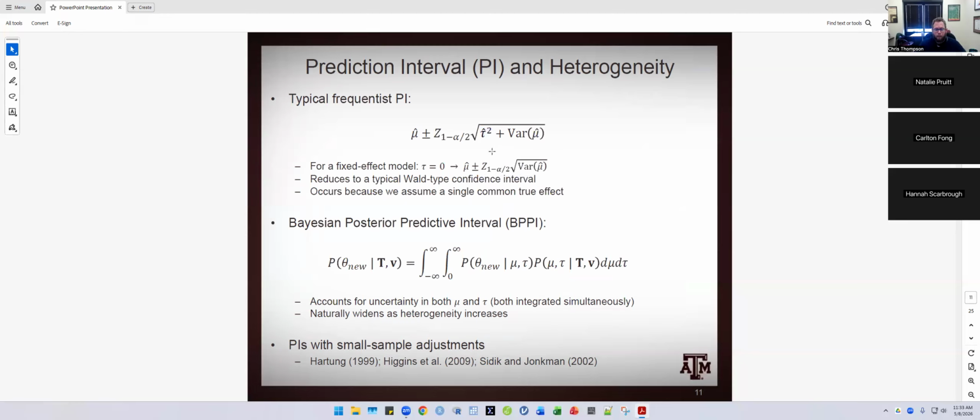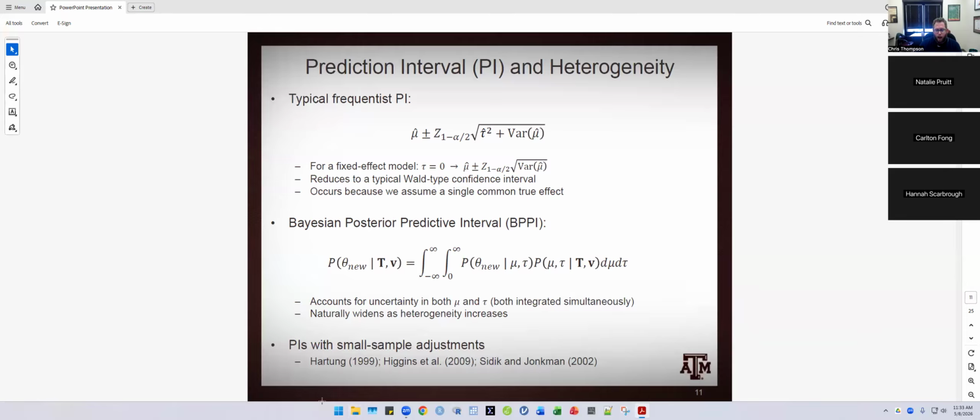And in fact, if this were a fixed effect model, this component would be fixed to 0, and the result then is this, which is just a multi-type confidence interval. And this occurs because in the fixed effect case, we're assuming that there is a common true effect. Whether that is correct or not is another question entirely, but that is what we are assuming.